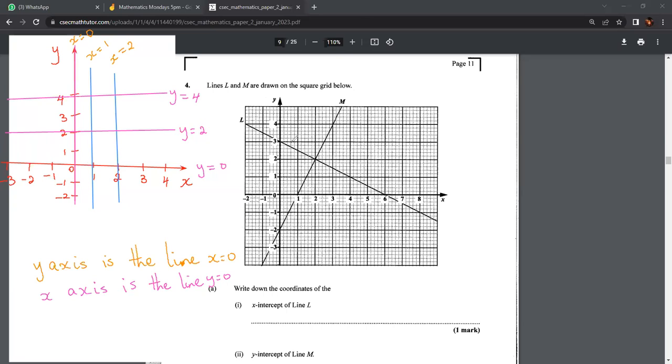All right, so look at this one. They gave you two lines, two equations. They gave you L, and they gave you M. Now they asked you for line L. Line L is the one in pink. They want the x-intercept.